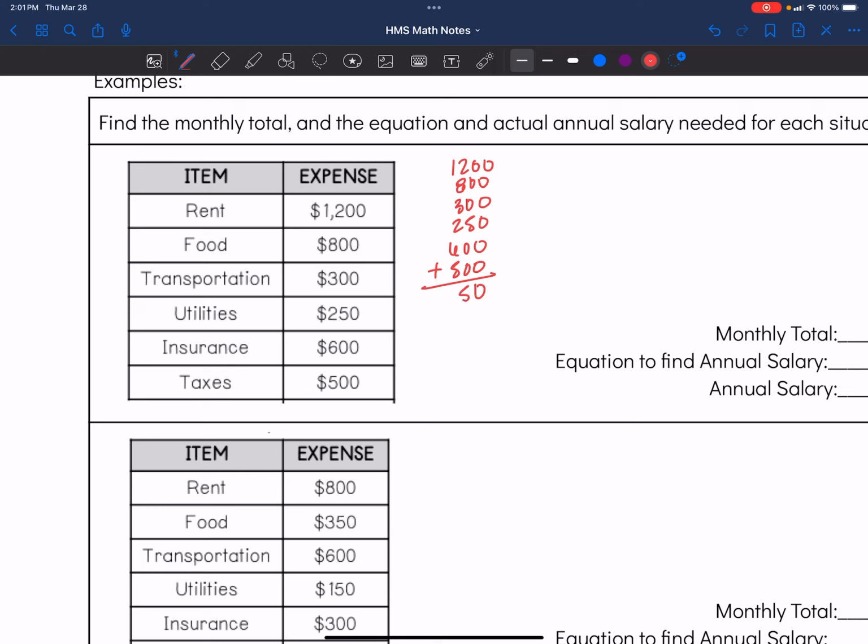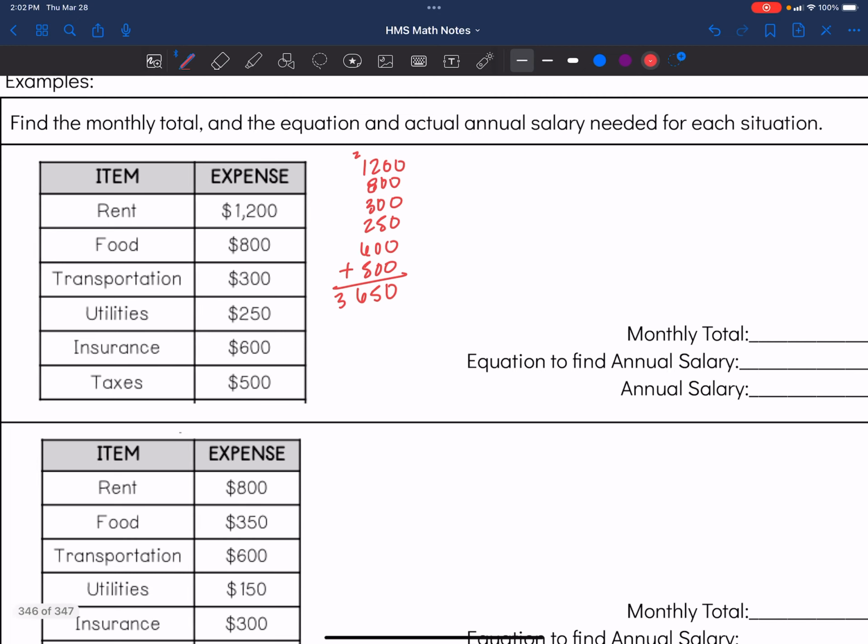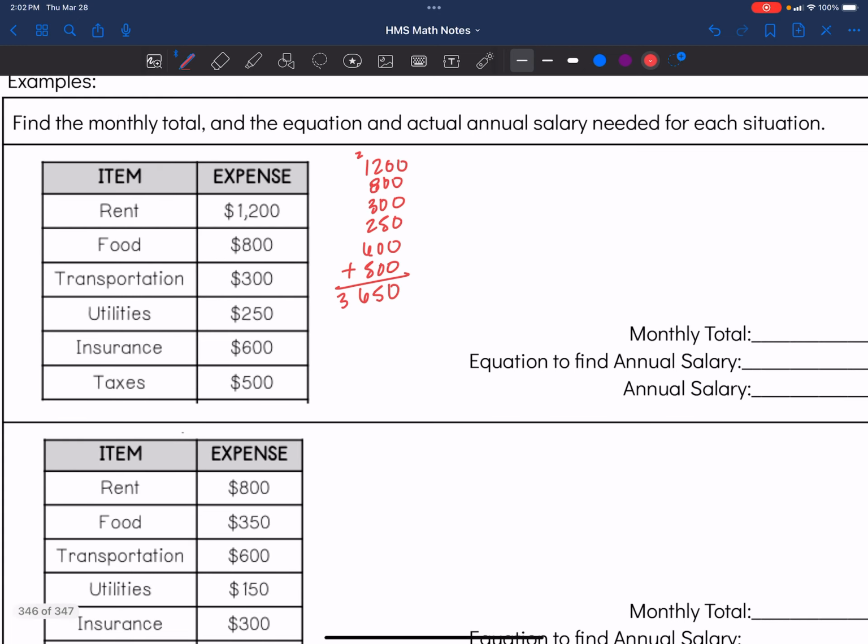All right, 2 plus 8 is 10, plus 5 is 15, 26. All right, so my monthly total in expenses is $3,600. That's for 1 month.